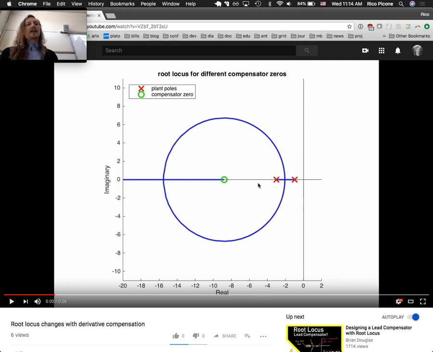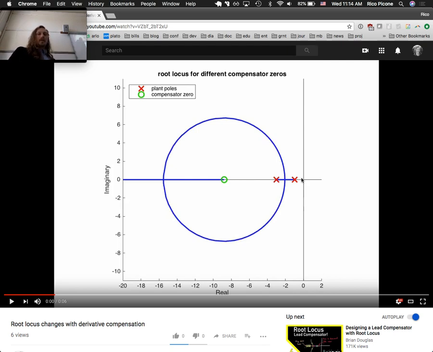Another point that's kind of interesting about this is that if you consider negative gains, which we typically don't when we draw root locus, but occasionally it's useful, we could actually cover every point in the right half plane as well. We could cover everything to the right of -2 as well.